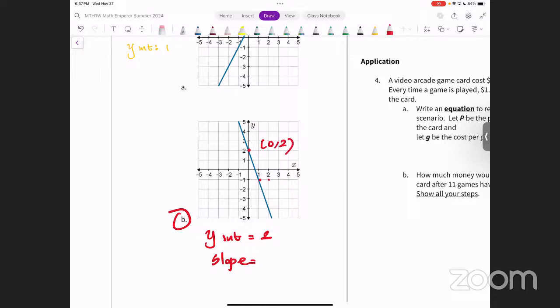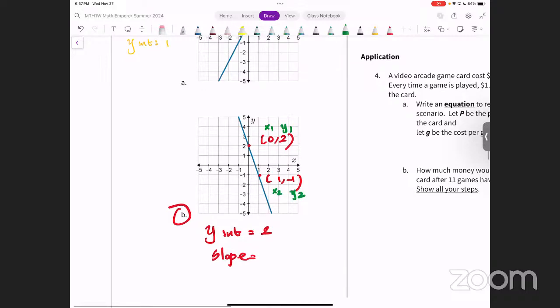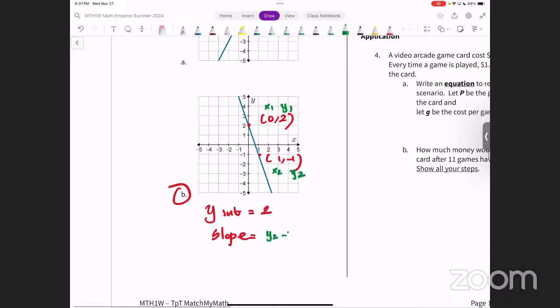I'm going to choose another point, (1, -1). So we can rewrite as x1, y1, x2, y2. Slope is y2 minus y1 over x2 minus x1. That's -1 minus 2, over 1 minus 0. So -3 over 1 is -3, the slope.